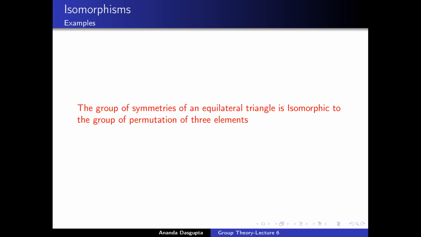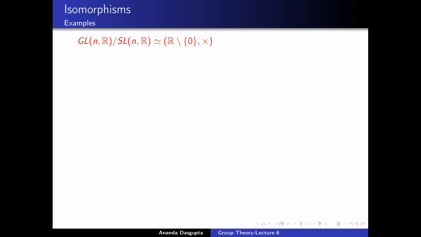But the next example that we are going to look at is slightly less trivial, which is this one. In fact, we have already said this before. While we were describing the quotient group, we said GLNR quotiented by SLNR, this particular quotient group, is in essence the same as the set of all non-zero real numbers under multiplication.